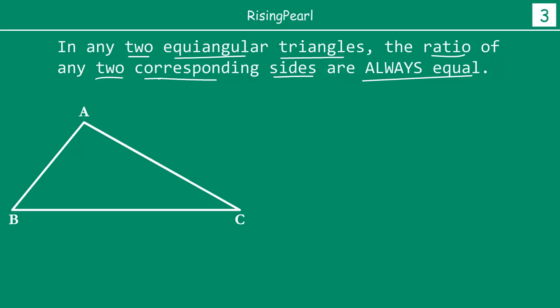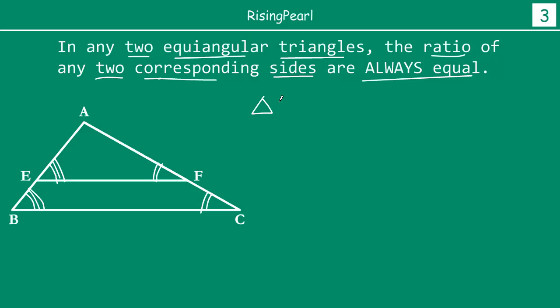So what I have done here is that I have taken a point E on AB and a point F on AC such that angle E is equal to angle B, and angle F is equal to angle C. So now we have two triangles here.